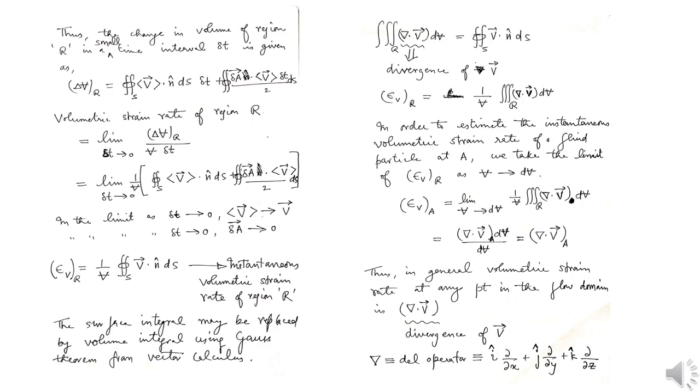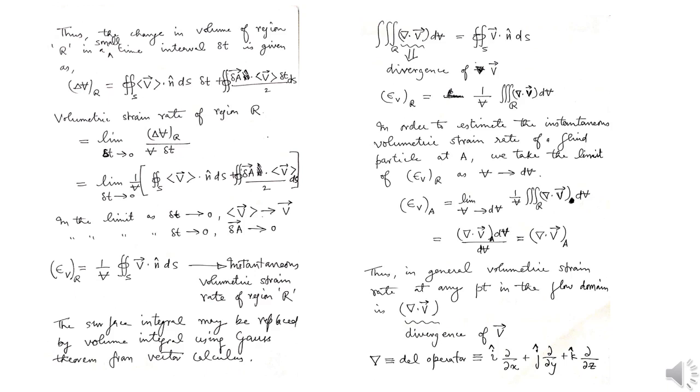Now here, this dS written at the end is an error in my writing. Actually, this dS should not have been there. Only the volume needs to be summed up over the entire surface area. So the double integral should be there, and delta A dot V delta t by 2. Please make this change when you make notes from this lecture. Don't use dS in the second term.